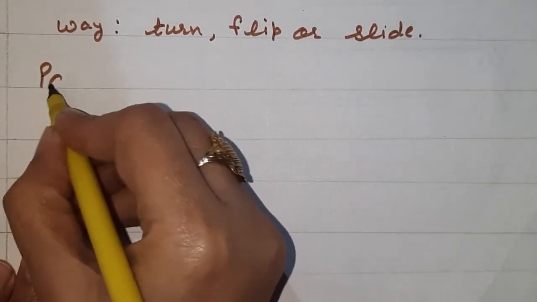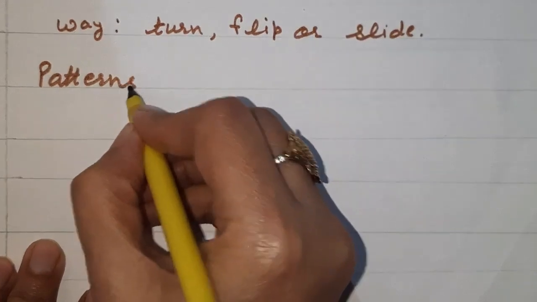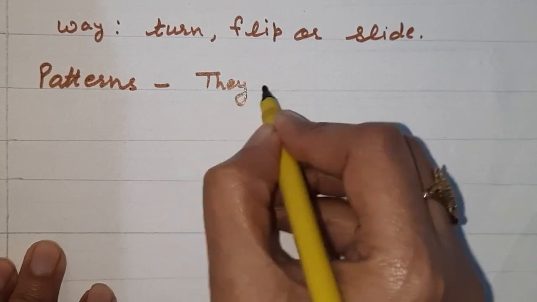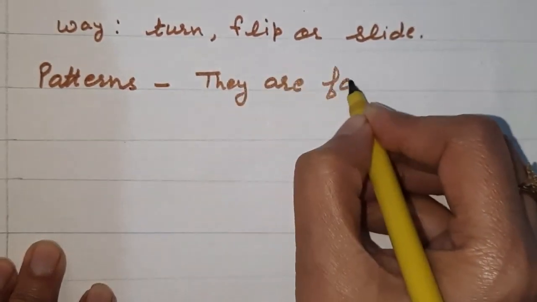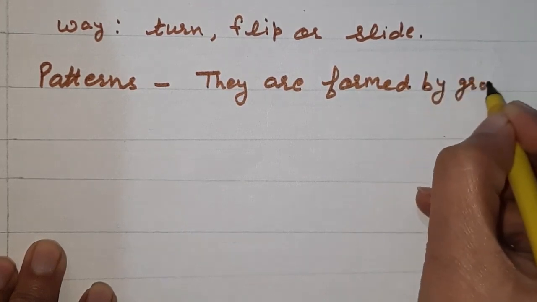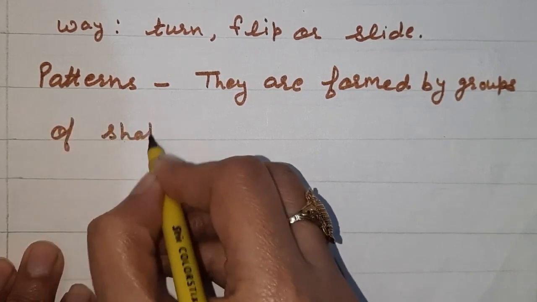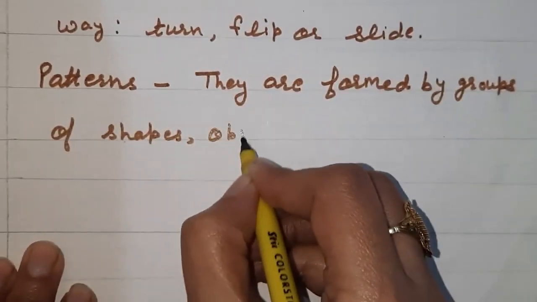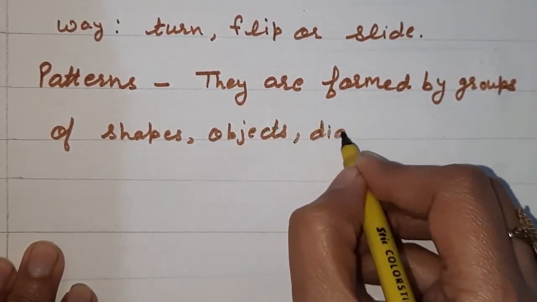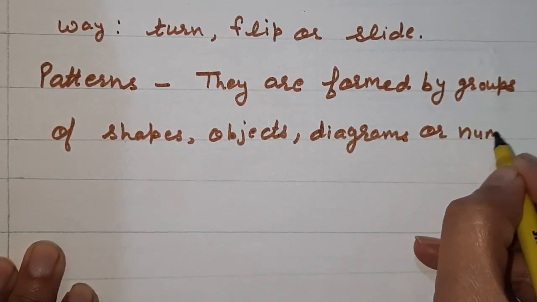Now let's see about patterns. Patterns are formed by groups of shapes, objects, diagrams, or numbers.